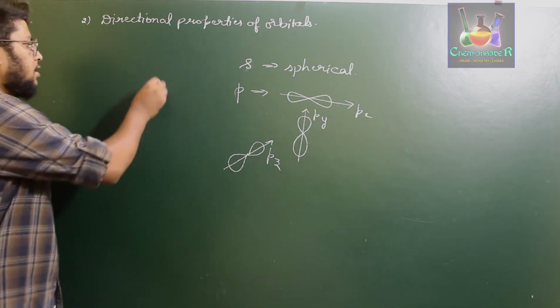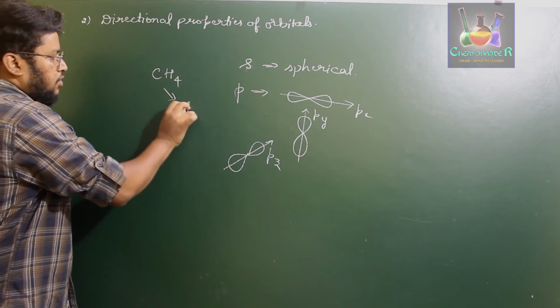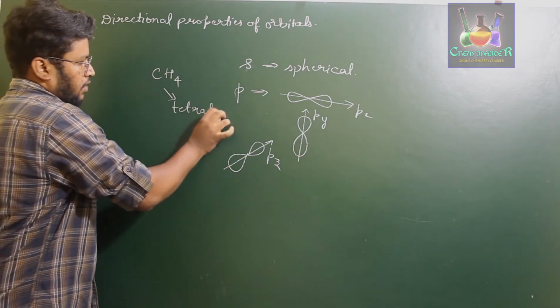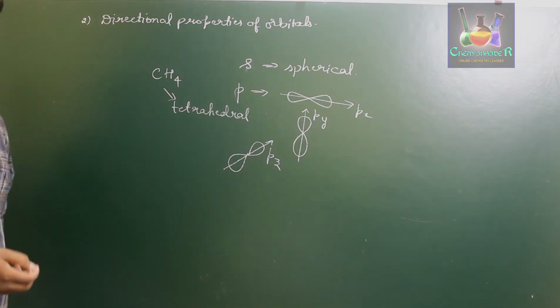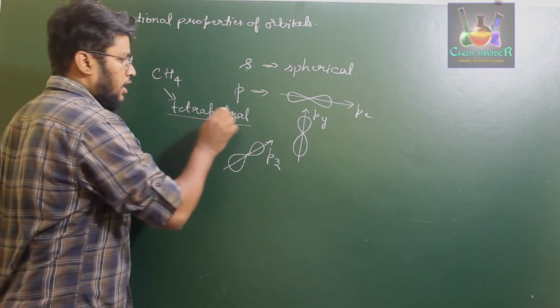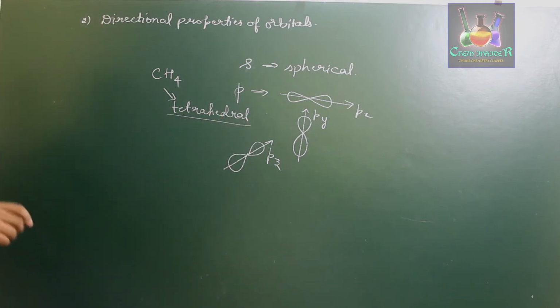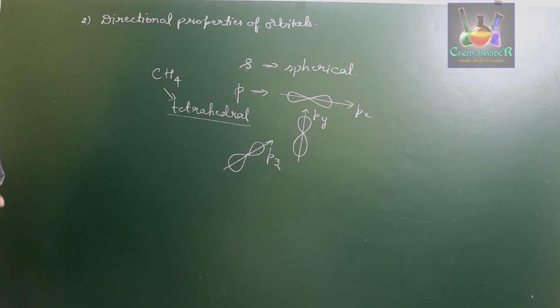For example, if we consider the CH4 molecule, it has a tetrahedral geometry. But we don't know why it has a tetrahedral geometry, right? The reason was clearly explained by the directional property of the orbitals.